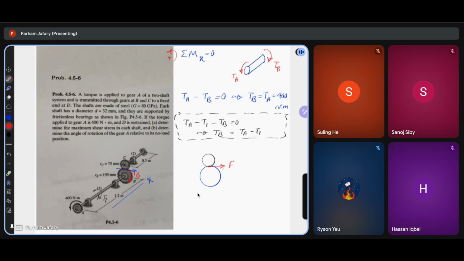So the forces are equal to each other because the gears are meshed together using teeth, basically, and based on the third law of Newton, the action and reaction are equal to each other. So the force between the two meshed gears are equal to each other, right?